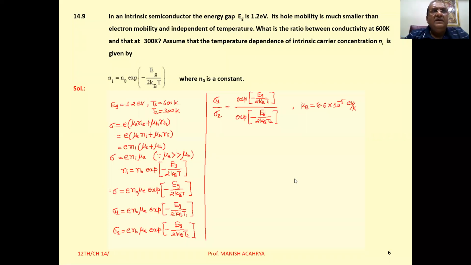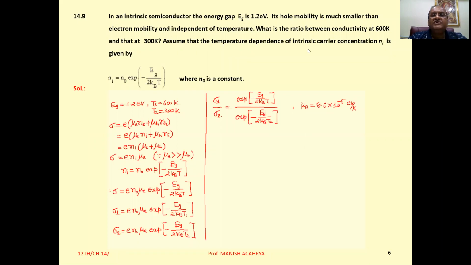14.9. In an intrinsic semiconductor, the energy gap Eg is 1.2 electron volt. Its hole mobility is much smaller than electron mobility and independent of temperature. What is the ratio between conductivity at 600 Kelvin and that at 300 Kelvin?